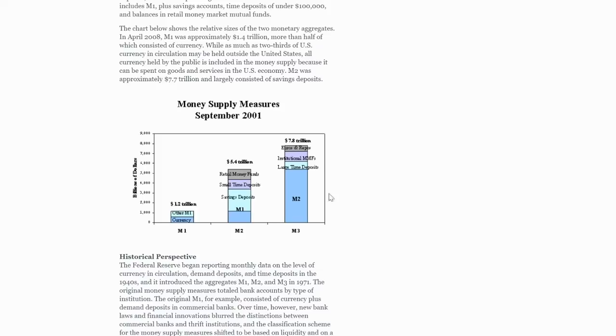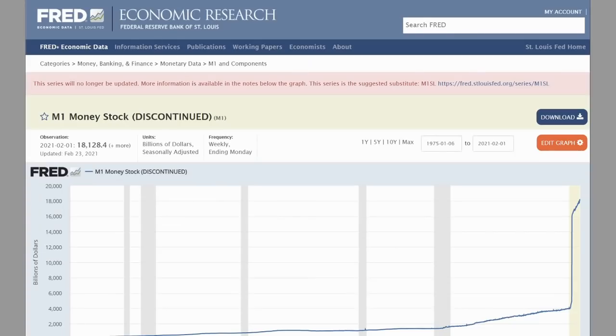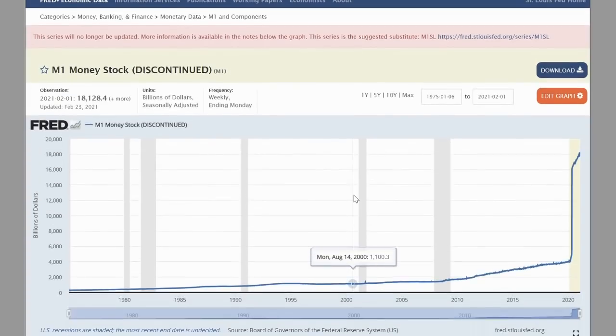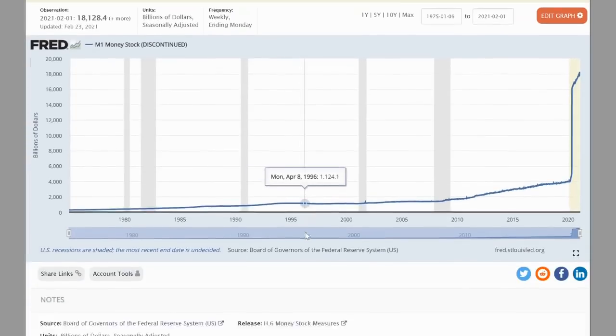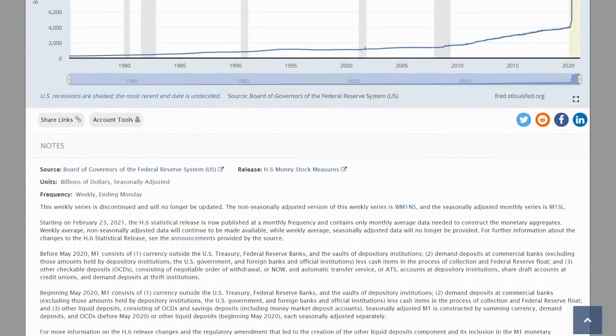But by and large, these reports were done on a weekly basis. As you can see here from a link shared with me by Dewey, this has been discontinued and is now moved into this report here, the M1SL, which is a monthly report as opposed to a weekly report. On the previous link it says the weekly series is discontinued and will no longer be updated.